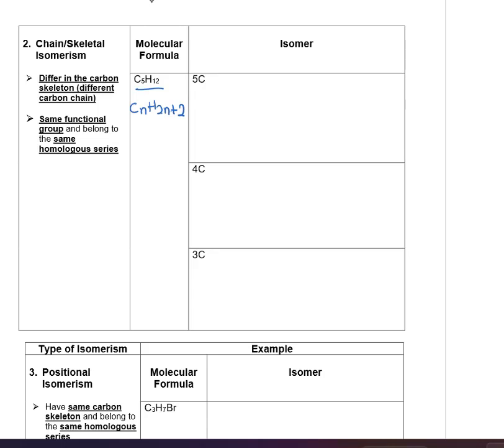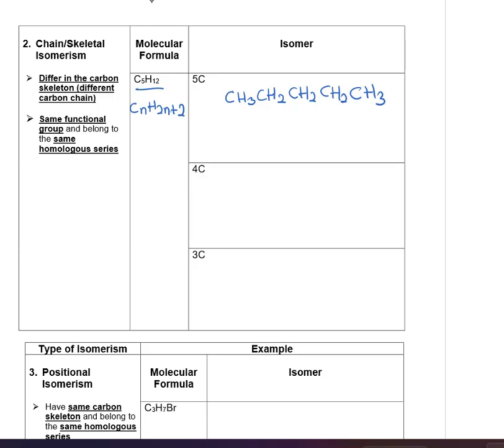From this molecular formula, I can draw 3 different chain isomers, but these chain isomers belong to the same class of compound. For the first one, I can draw pentane. There are 5 carbon, so this is pentane.